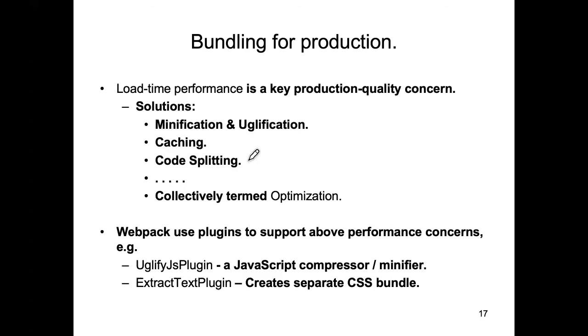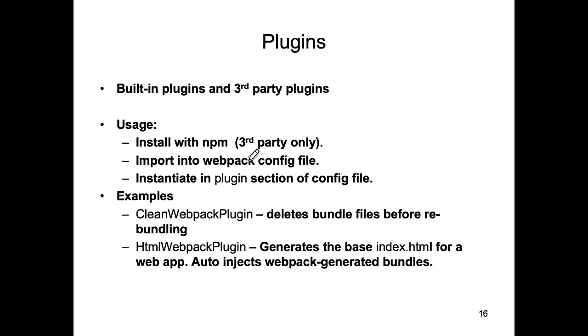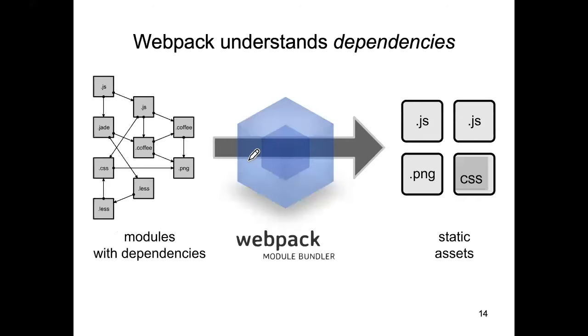Code splitting, essentially, the idea is, if I go back to that dependency graph, when the user navigates to your application, maybe they don't need both of these bundles initially. Maybe they only need one of them.